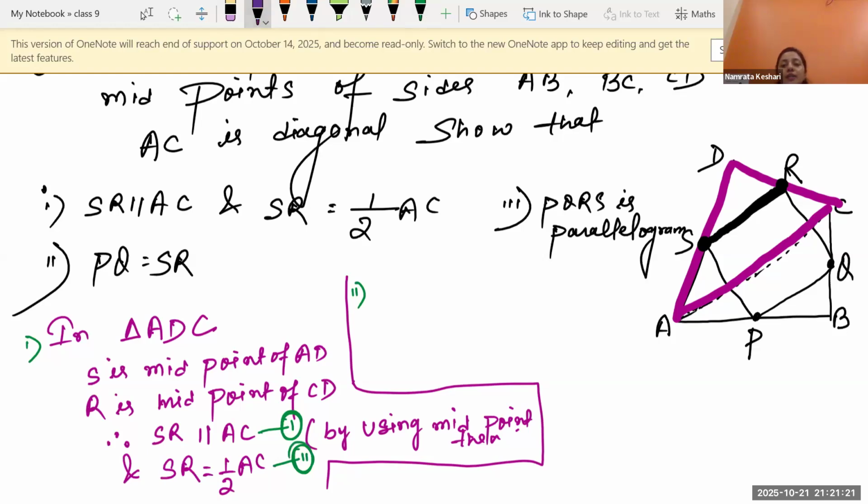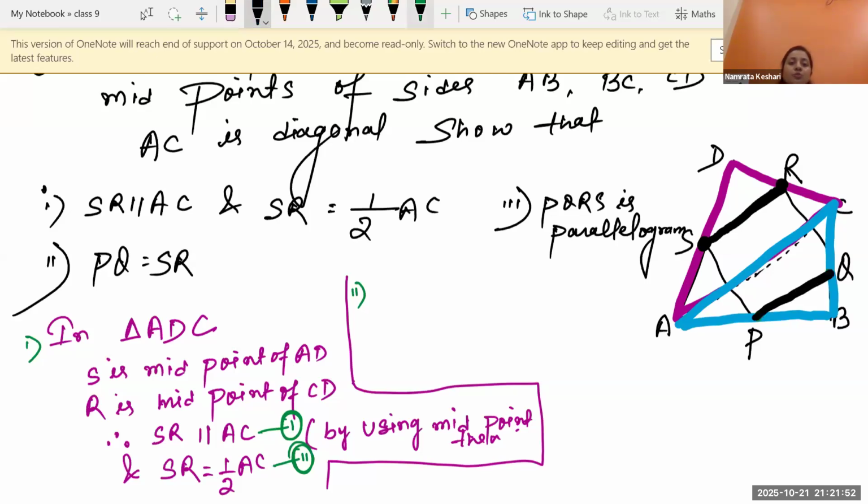I'm talking about triangle ACB. In this triangle, we will say the same thing. P is the midpoint, Q is the midpoint. So PQ must be parallel to AC. Clear? Yes, ma'am. And PQ must be half of the length of AC.